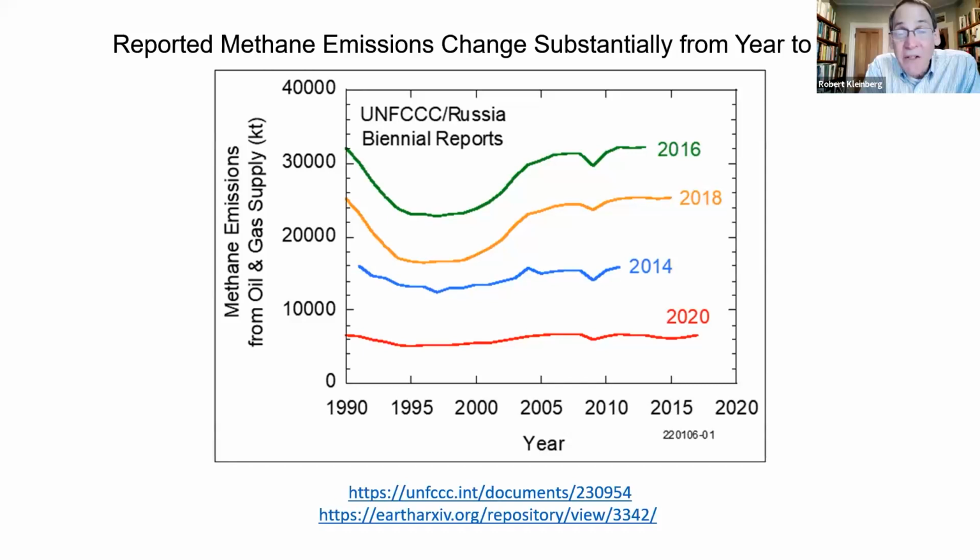I mean, everybody else is making guesses that are even more like guesswork. So that's why I focused on the official reports to the UNFCCC, on the theory that presumably the Russians know what they're doing, and if they don't know, nobody knows.